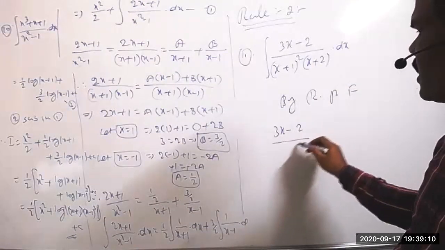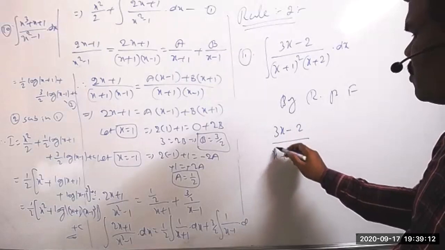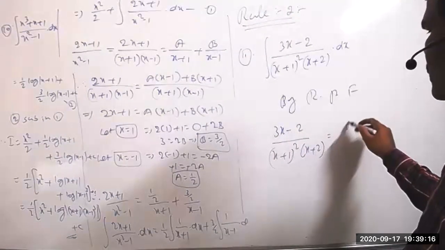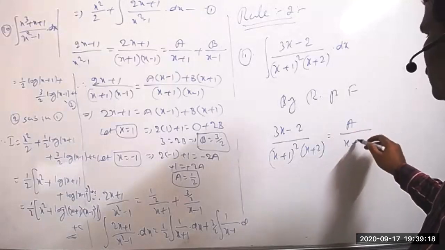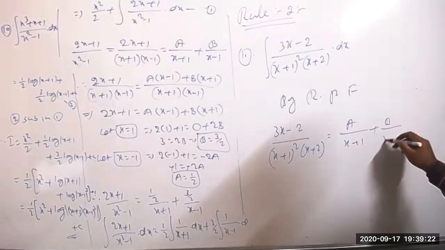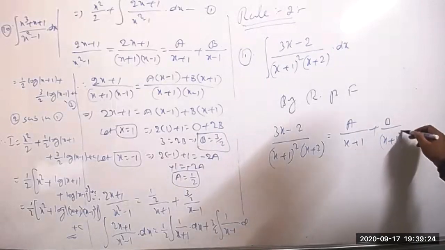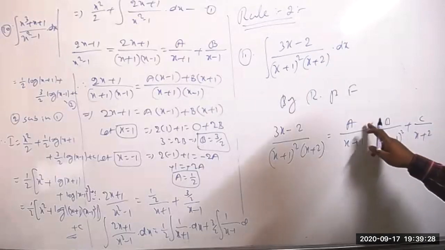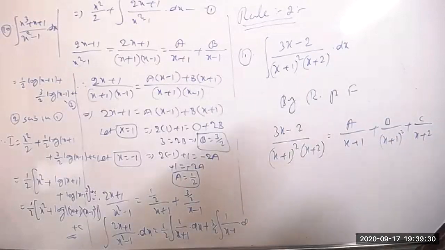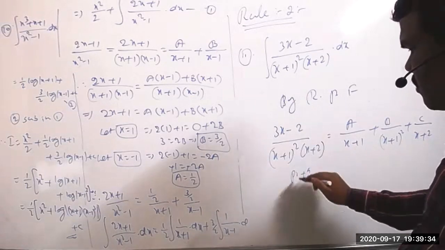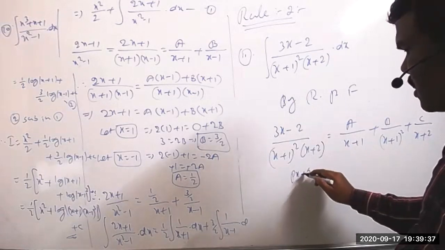3x minus 2 by x plus 1 whole square into x plus 2 is equal to a by x plus 1 plus b by x plus 1 whole square plus c by x plus 2. At that time I gave a very clear format. Suppose they give px plus q, you want one more time? I think a few students were absent last class.